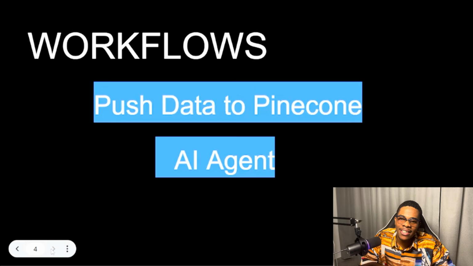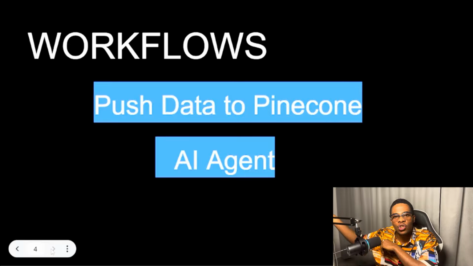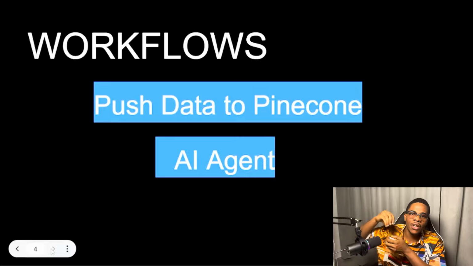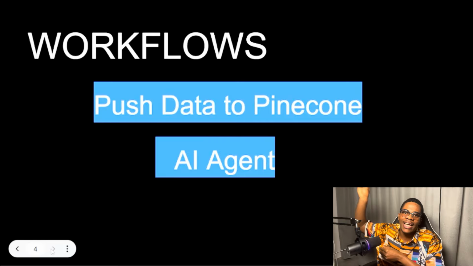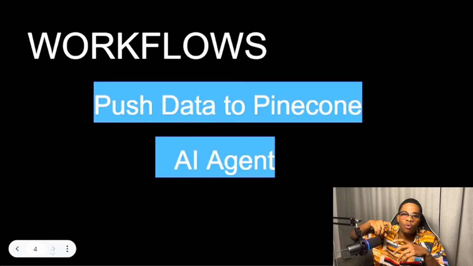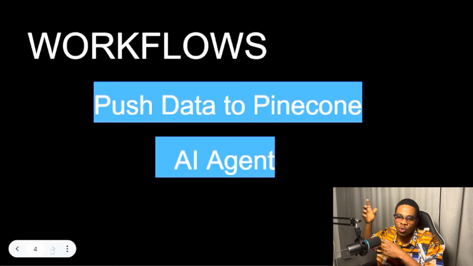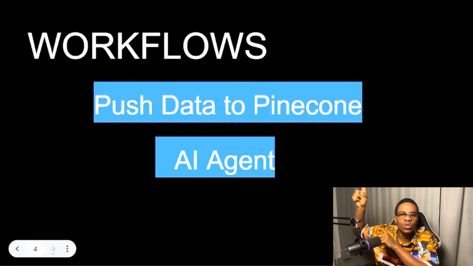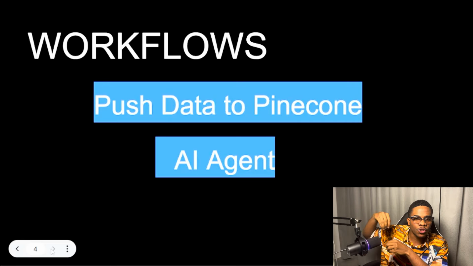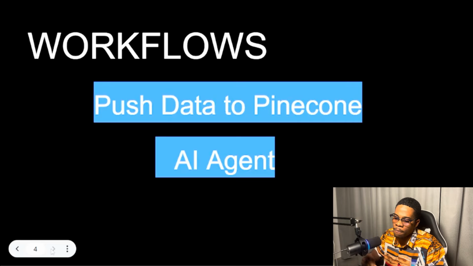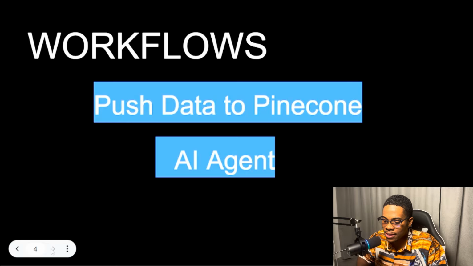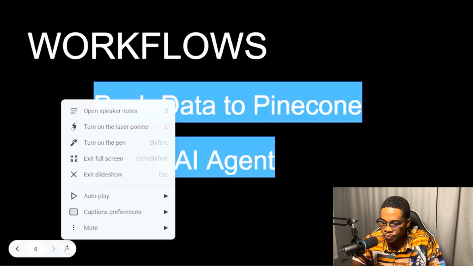Then the AI agent is where we build the agent and connect it with the database so it pulls information from it. We have already pushed what we need to the database. Then the second workflow pulls information. When we ask the AI agent a question, it goes to the database, pulls information from there, and gives us a smart answer. So guys, let's start building.